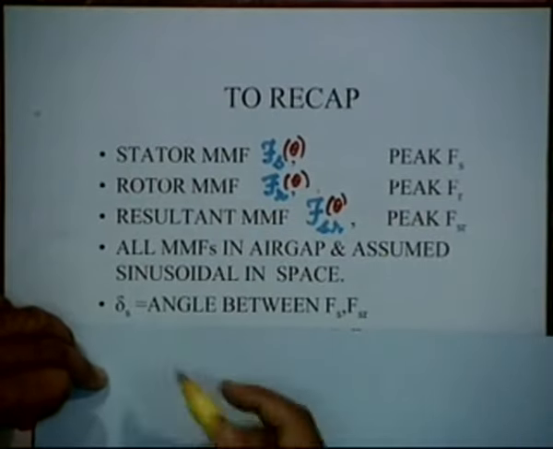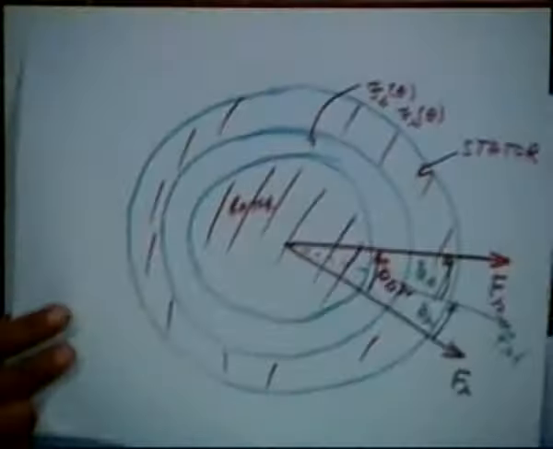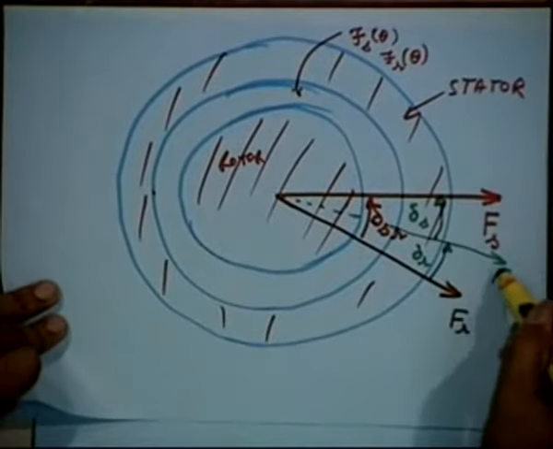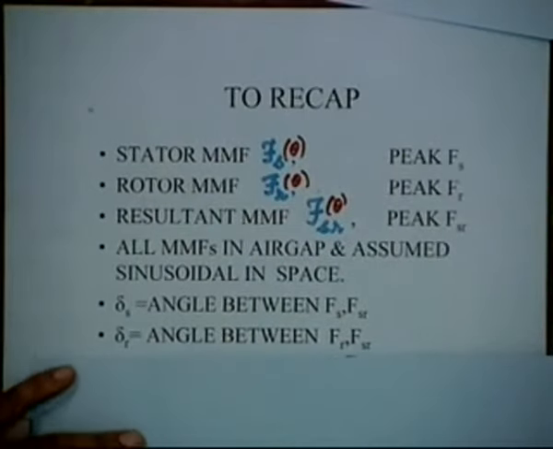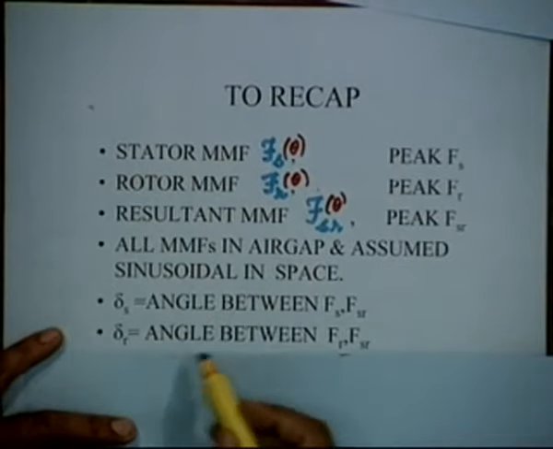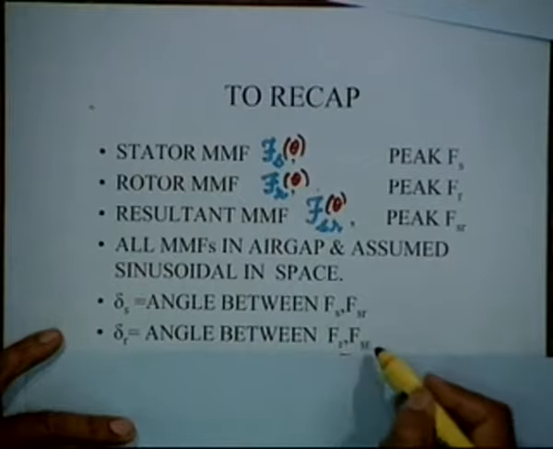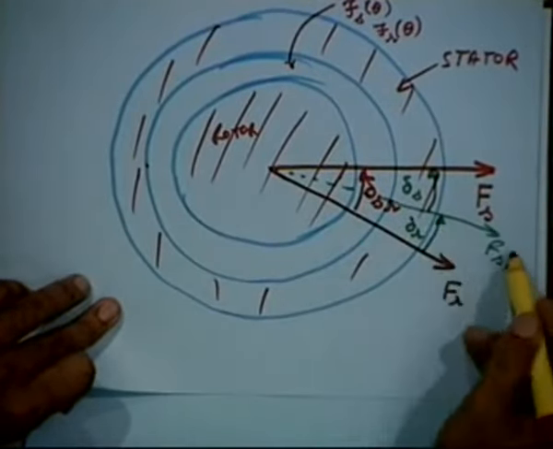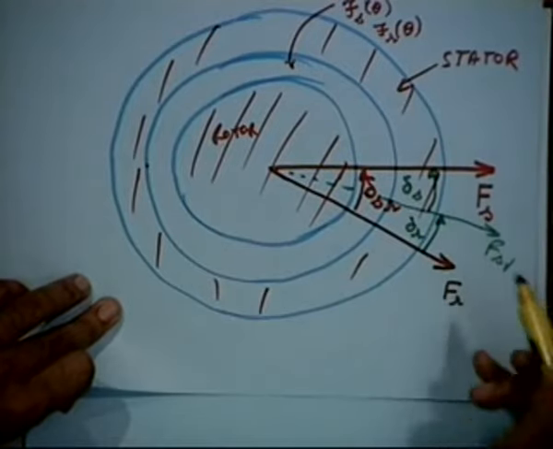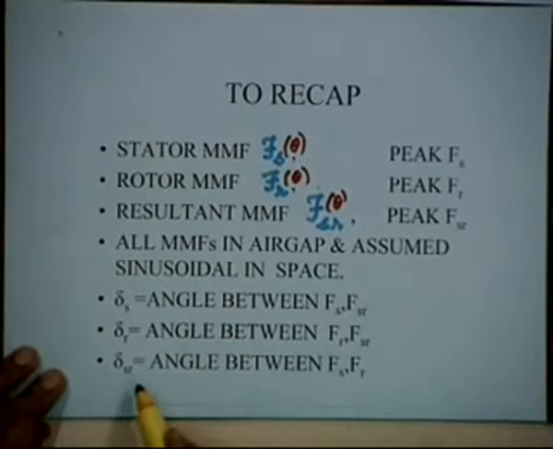Now we have identified delta S as the angle between Fs and FSR. So we have here Fs and FSR, we call that angle delta S, and delta R is the angle between Fr and FSR, that is rotor MMF and resultant, and lastly we say delta SR is the angle between Fs and Fr.